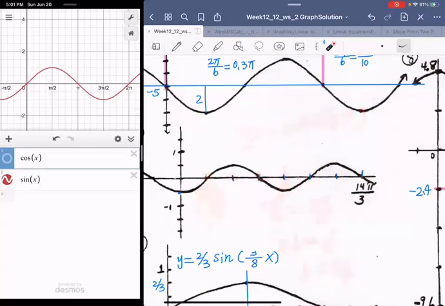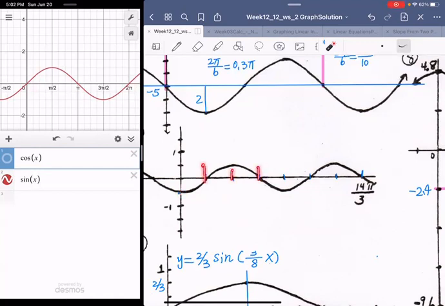Very good. Now, can you repeat what I taught you? Go ahead, please. The midline is 0, so the vertical shift is 0. The amplitude is 1/2. And then the direction of the graph is negative. And then, what does T stand for again?